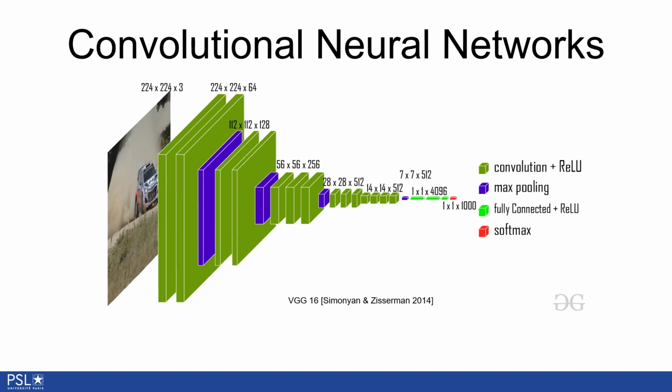These probabilities are generated by taking the output of the final convolutional layer and using it as an input to a fully connected layer, a standard layer without any structure. The output of this fully connected layer is then fed into a final layer that simply applies a softmax to generate probabilities.